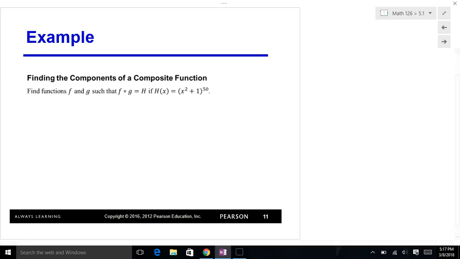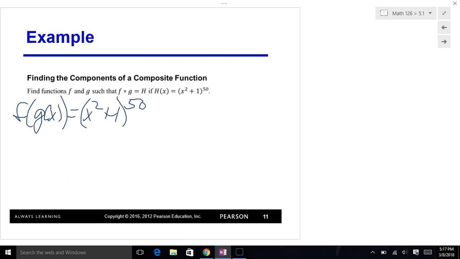Alright, how about backwards? So what if you find the functions f and g such that f of g equals h? So if h of x equals x squared plus 1 to the 50th, in other words, f of g of x is x squared plus 1 to the 50th. What's your g and what would be your f? So what I always like to do is think about this in terms of who's little and who's big.